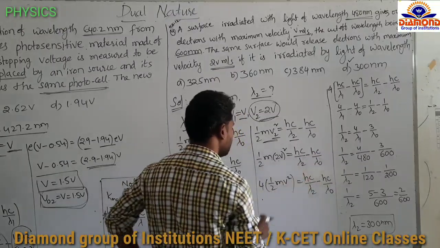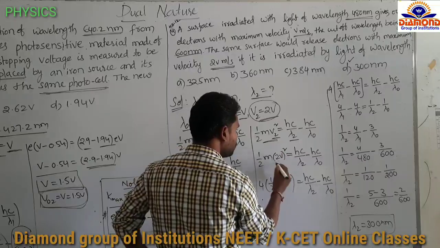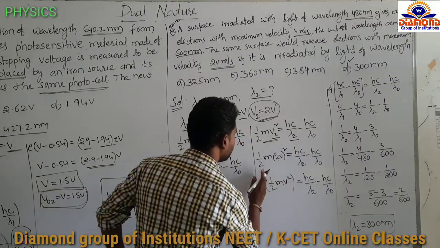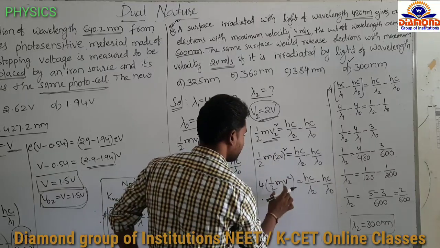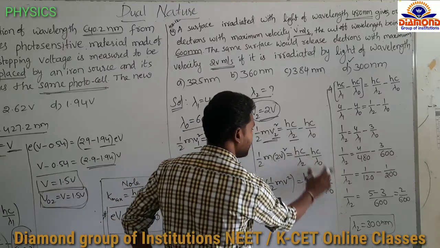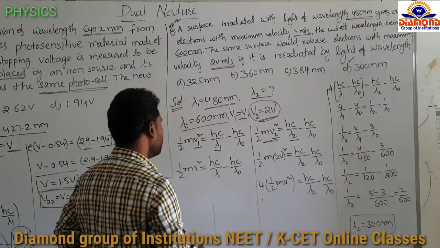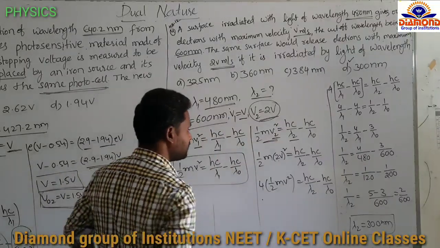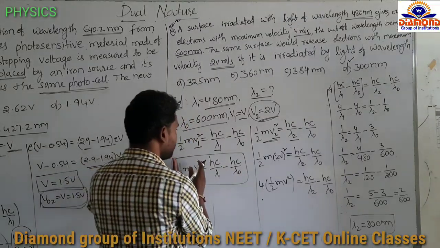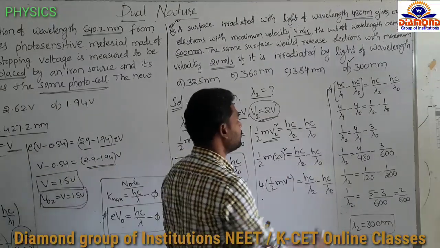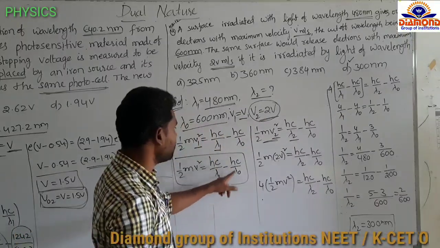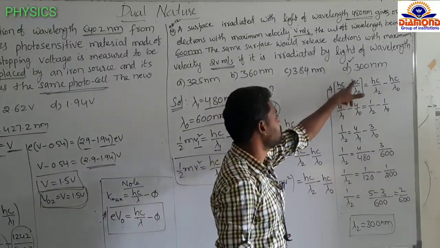To simplify this equation, half m into 2v whole square means 4v square, so I am writing 4 outside, and the remaining term I write the same as half m v square, equal to the same right side term. Now from the first equation, half m v square equal to hc by lambda 1 minus hc by lambda naught. Substituting this half m v square value in this equation, we get 4 into hc by lambda 1 minus hc by lambda naught in place of half m v square.